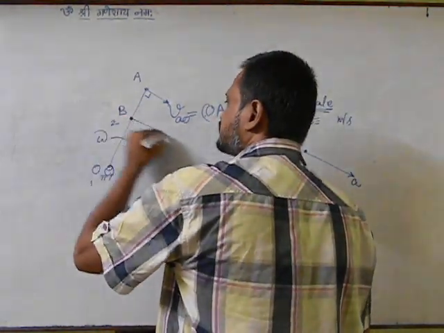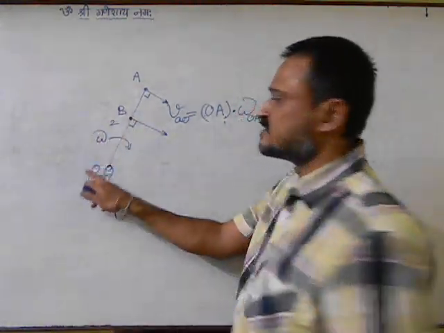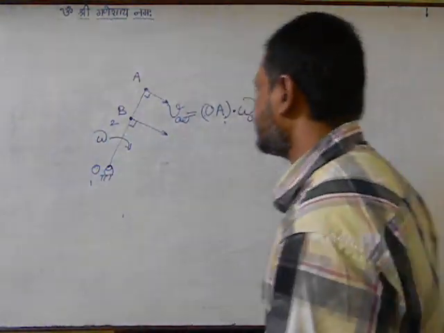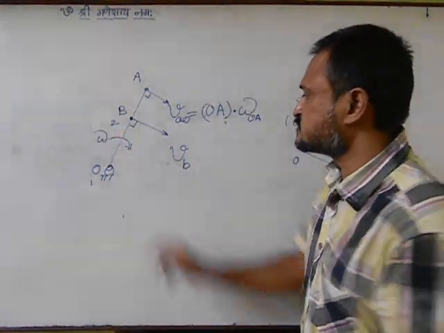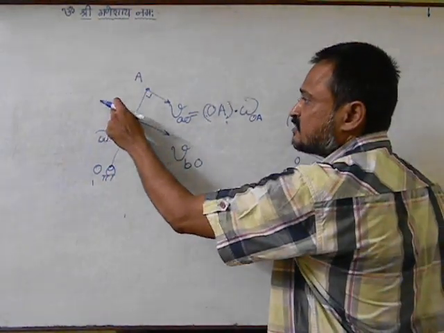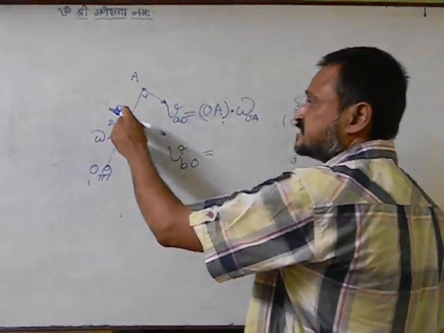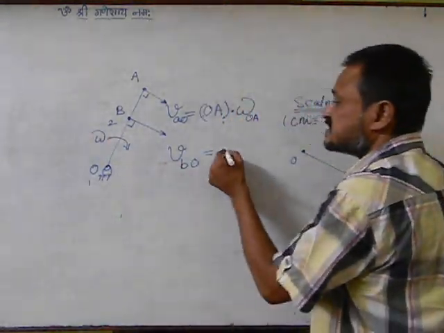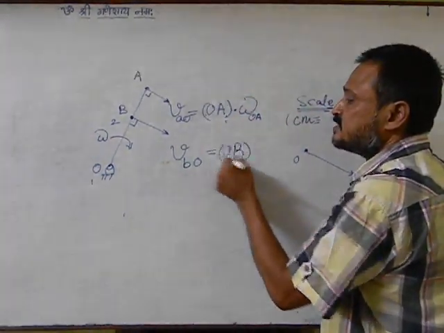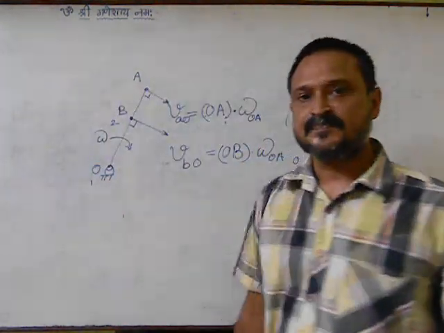Again, the velocity vector will be perpendicular to the link condition OA, right? So then what should be the velocity of B with respect to O? I am considering this point, so it will be the radius of rotation of that point. That means it will be OB into omega of OA, because the link is the same, right?